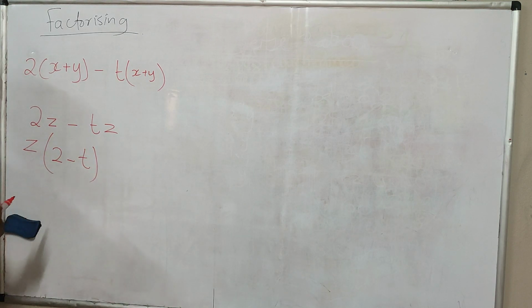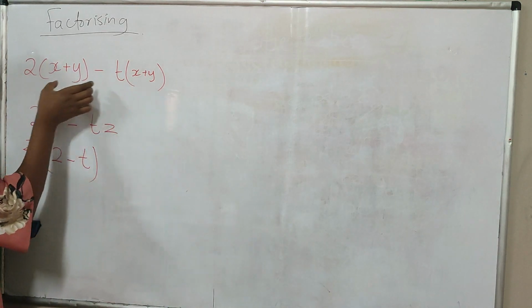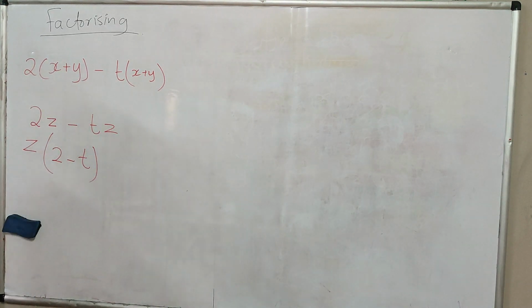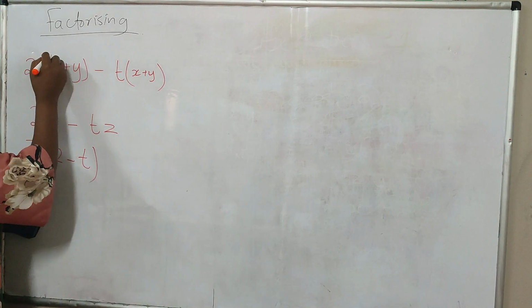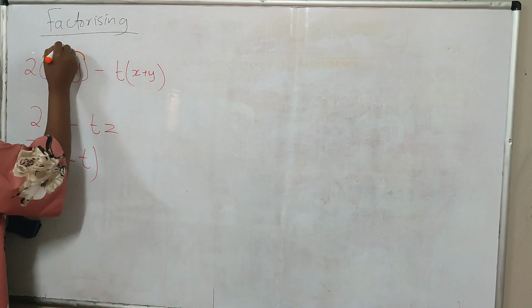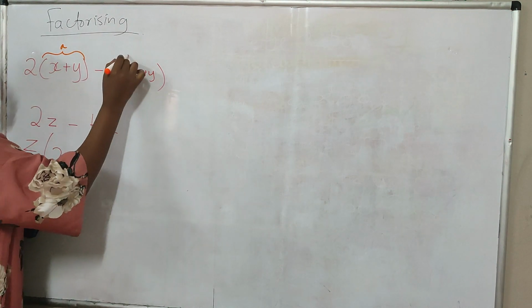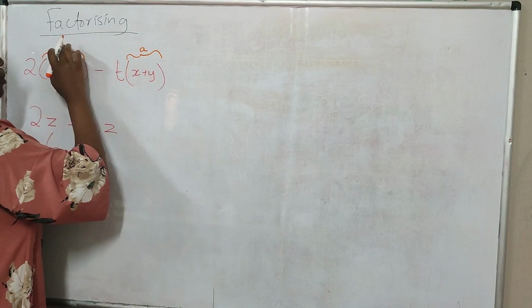Do you see? So in the same way, this is what I want you to be careful of. When you have expressions as the highest common factor, you might wonder what do you mean, factorize? In your head or with a pencil, just pretend that this is A and also this is A, or any letter.